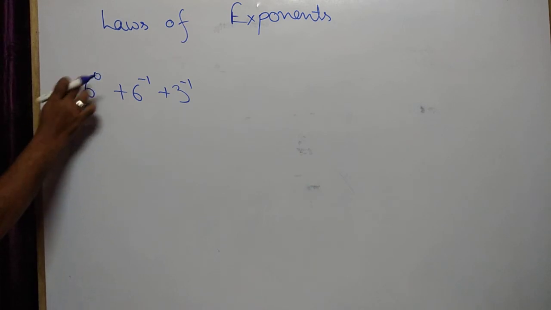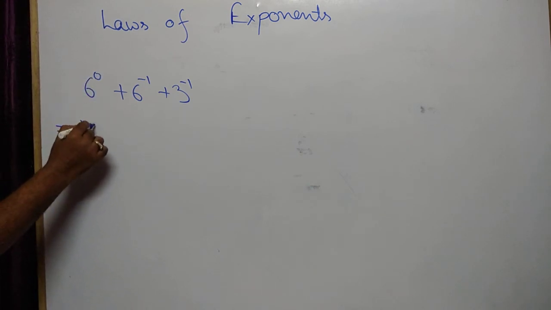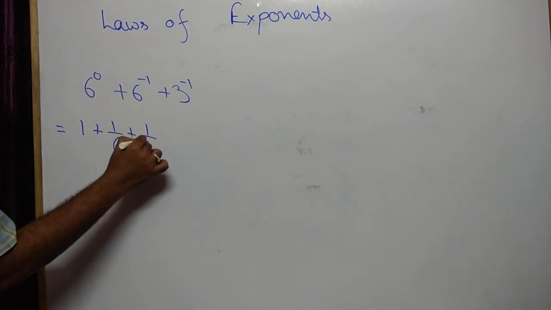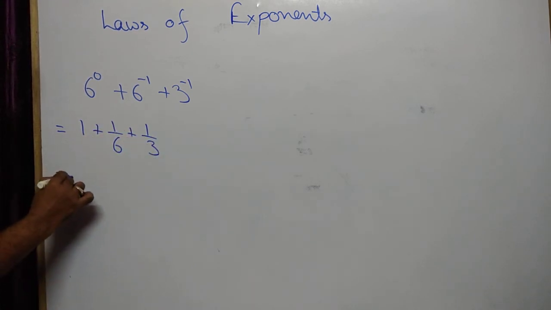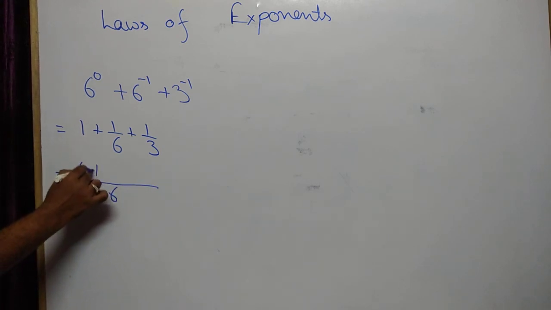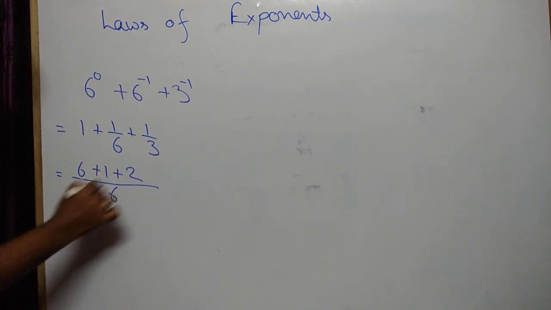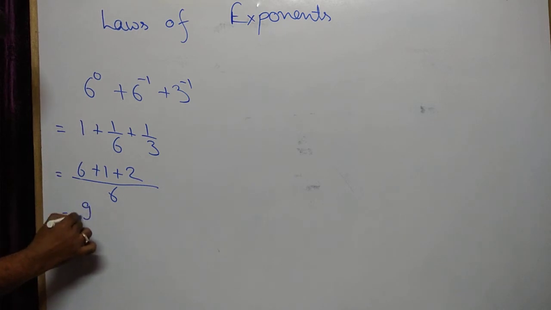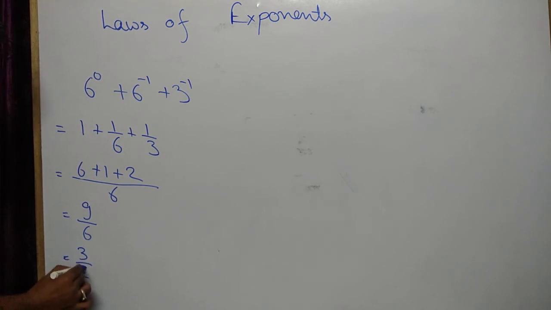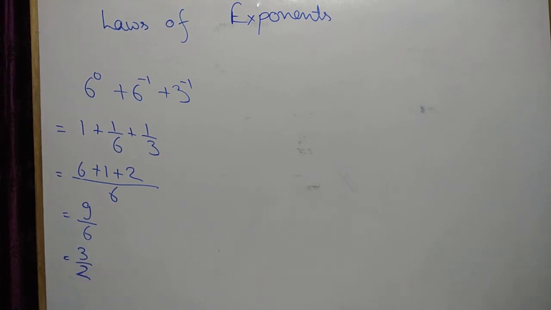Something to the power 0 is 1, plus 1 upon 6 plus 1 upon 3. We simplify, LCM is 6. It's 6 plus 1 plus 2, which is 9 upon 6, since 3 3s are 9 plus 3 2s are 6. Hope this one is clear to you.